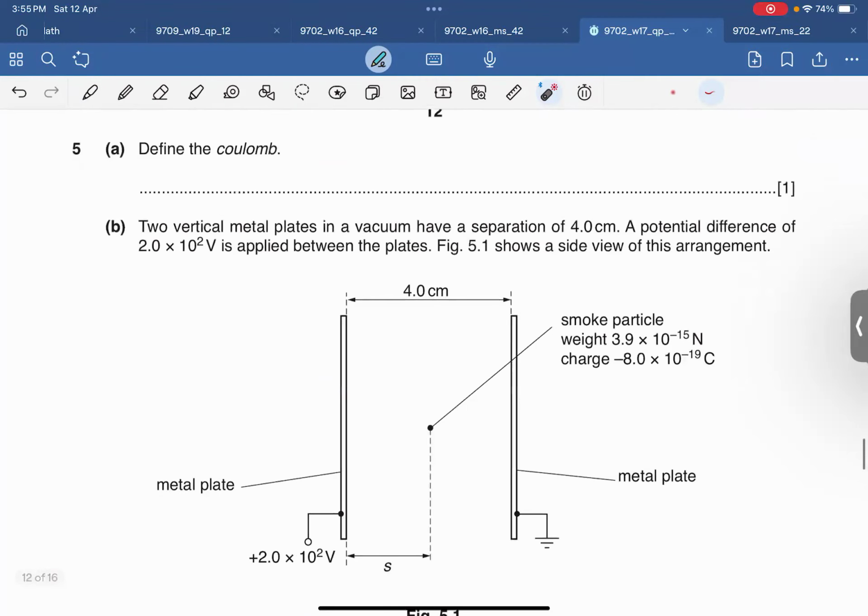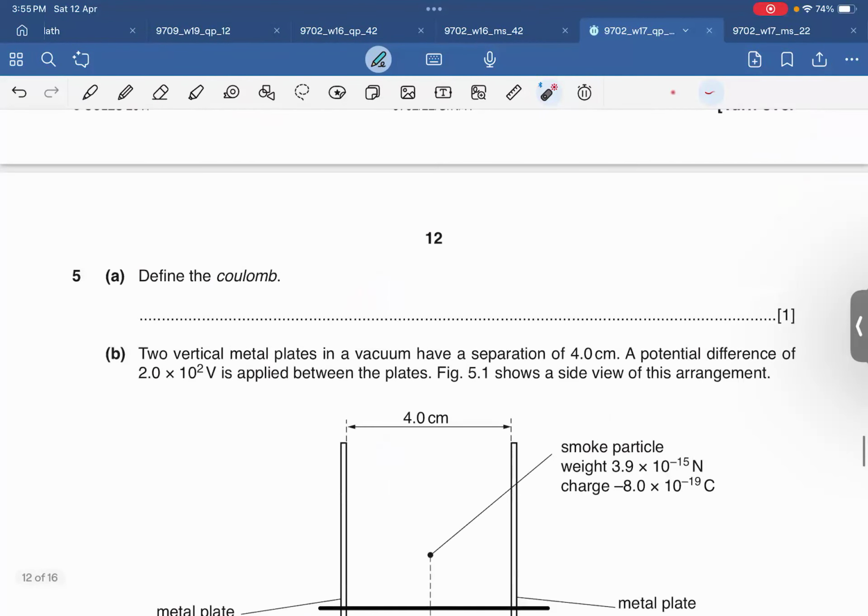Okay, guys, what about the definition of the coulomb? Rayan, can you tell me the definition of coulomb? Coulomb is basically the unit for the charge, and you know that the charge is I times T. Sir, the product of current and time.